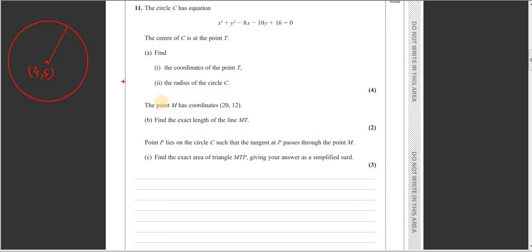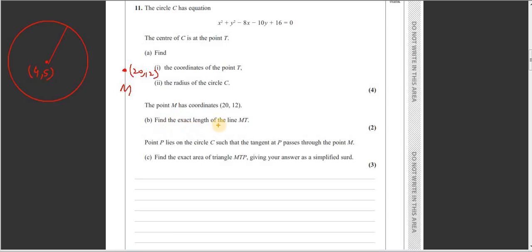And then they are saying you have a point M with the coordinate (20, 12). So you can take any place, this point (20, 12). So I'm taking this point like this. Let's say this is point M. You can choose any arbitrary point, and the point has a coordinate (20, 12).